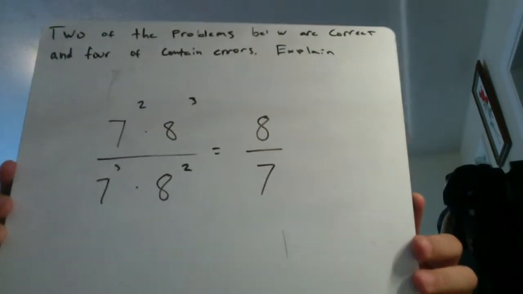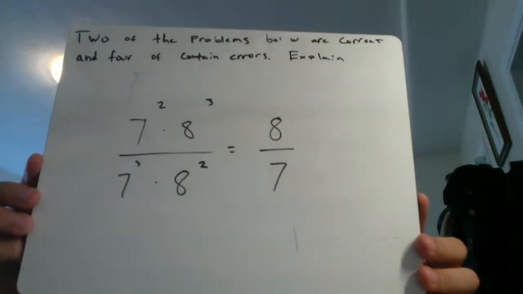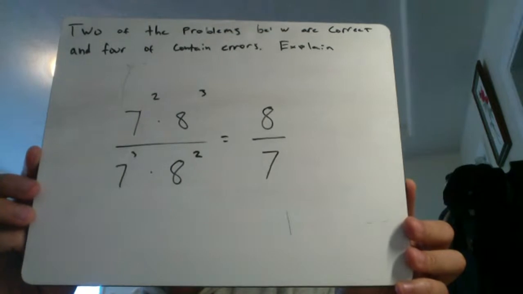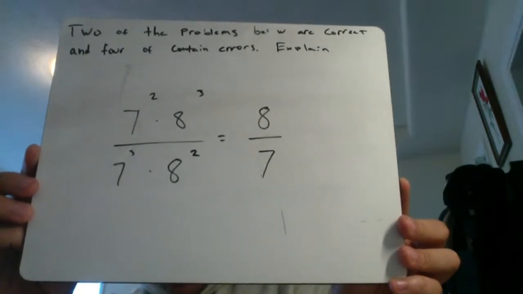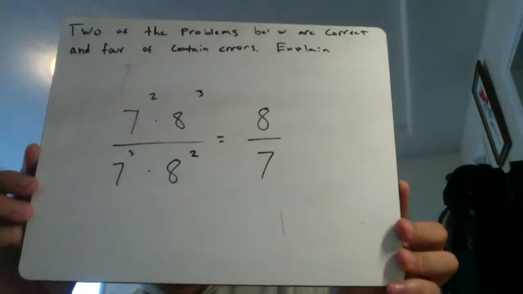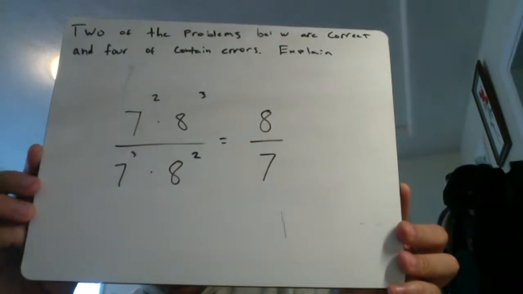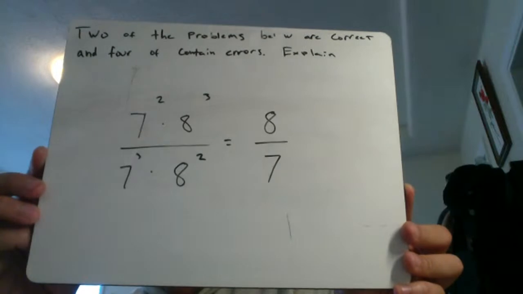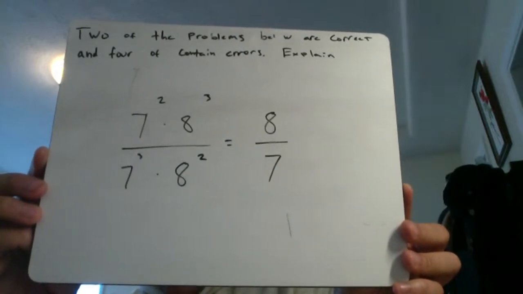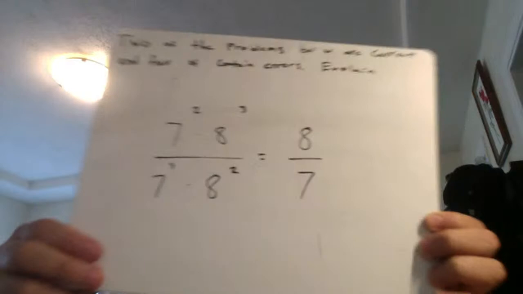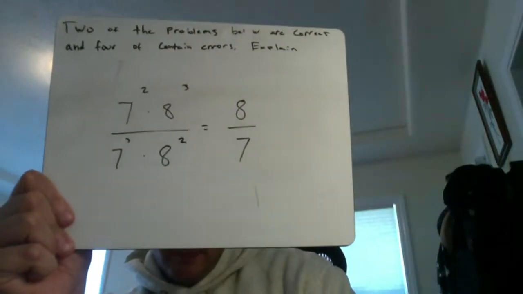You guys, is this a true statement? True or false? Type it in the chat. 7 to the third over 7 to the second times 8 to the third over 8 to the second. Is this true? What do you guys think?